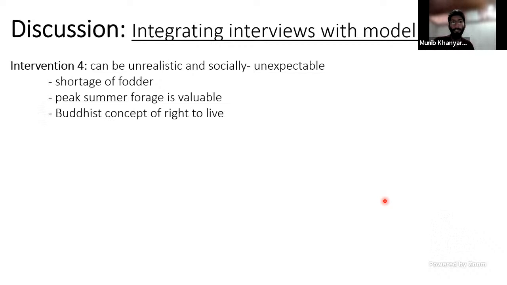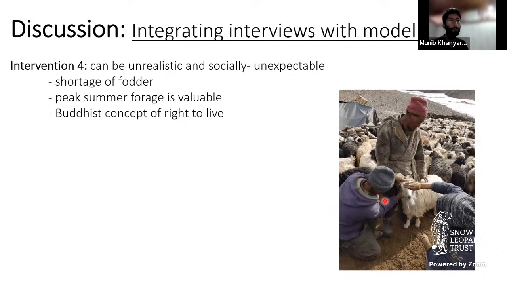Peak summer forage is valuable. Our landscapes where we work are primarily Buddhist culture and religion, and there's this concept of right to live where you don't want to cage something, so you let it be out in its natural habitat, in this case the pastures. So housing really wasn't realistic or socially acceptable.